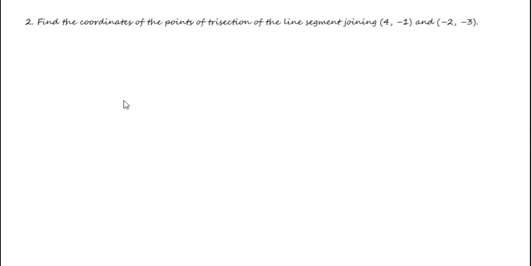Exercise number 2. Find the coordinates of the points of trisection of the line segment joining (4, 1) and (minus 2, minus 3). Let's take this as A, this as B. Now you have a line AB. This is A, this is B. This is (4, minus 1).